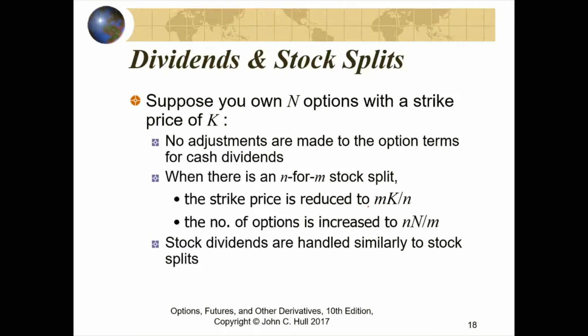Now let's assume you have N options with a strike price of K. If a company declared cash dividends, nothing will happen to the terms of the option contract, because part of what investors are exposed to is the movements in the stock price, whether it is because of the cash dividends or something else.